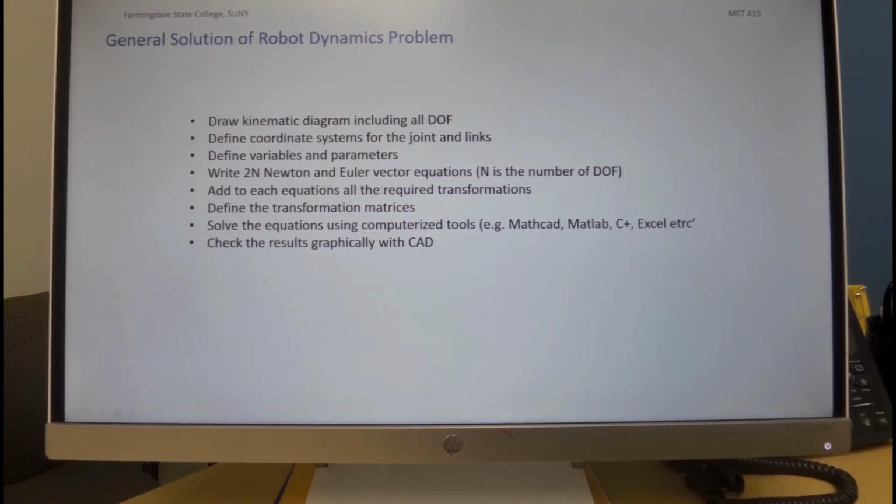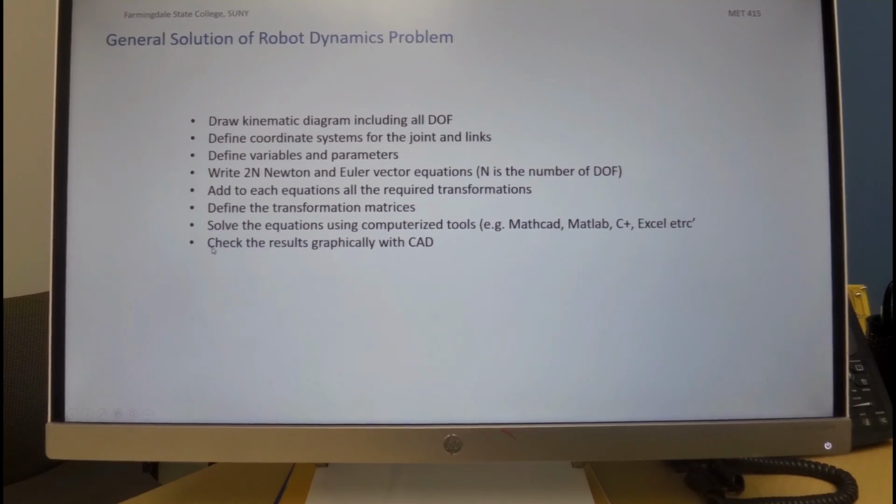Add to each equation all the required transformations, define how the transformation matrices will look like, and then solve these equations one at a time using computerized tools such as MATHCAD that we saw before in a previous presentation, or MATLAB, or C++, Excel, etc.